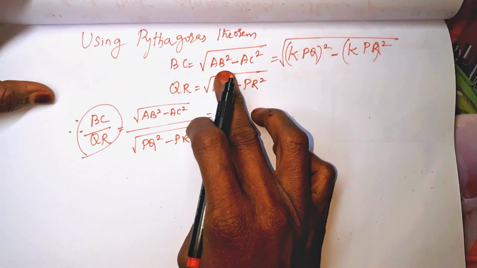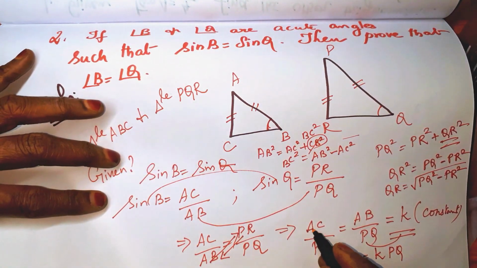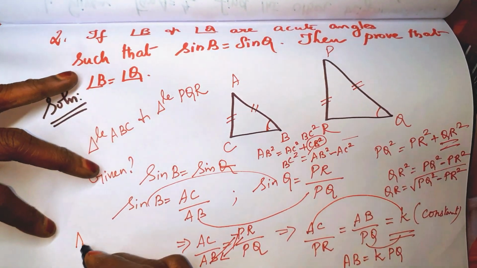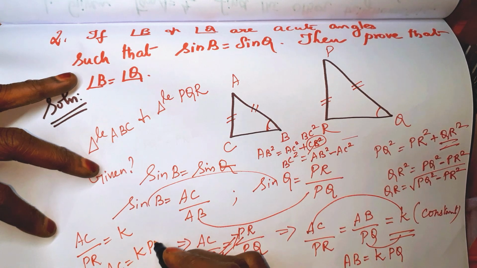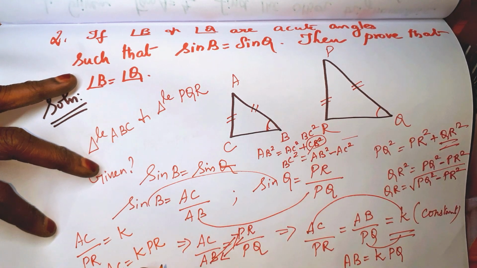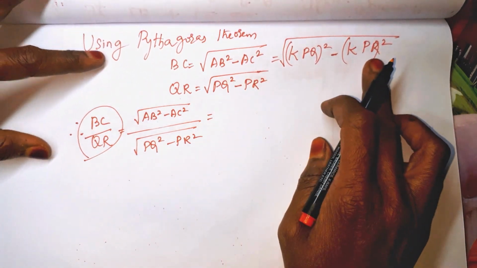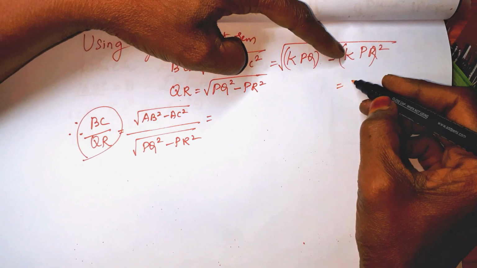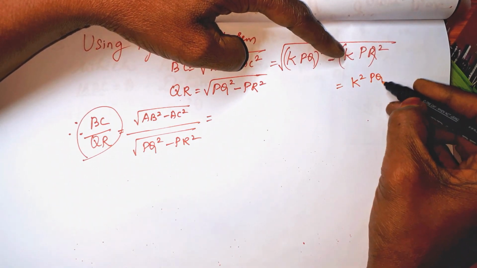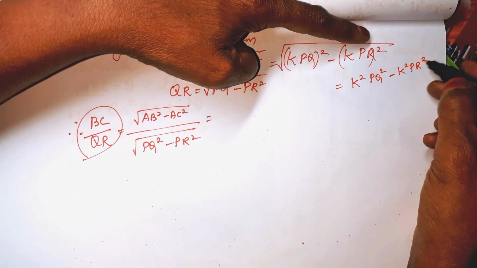So AB squared is the whole square of KPQ. Then AC by PR is equal to K, so AC equals K into PR. So AC squared means the whole square of KPR. We can rewrite this as K squared PQ squared minus K squared PR squared.